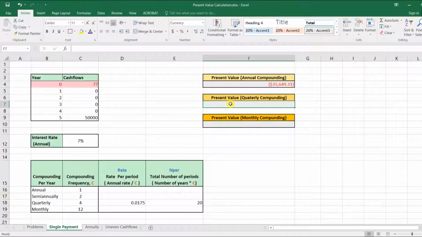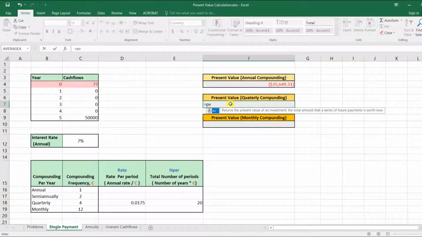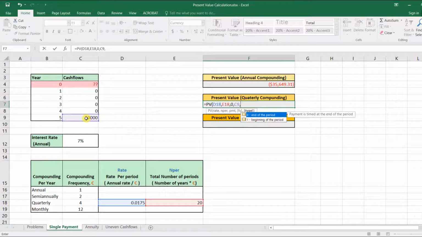Now to calculate the present value, again press the equal sign, then select this PV function, then rate should be this cell now, comma, number of periods is this cell, comma, again payment is 0, comma, the future value is same as before, comma, and again keep it to 0, close the bracket and press enter.